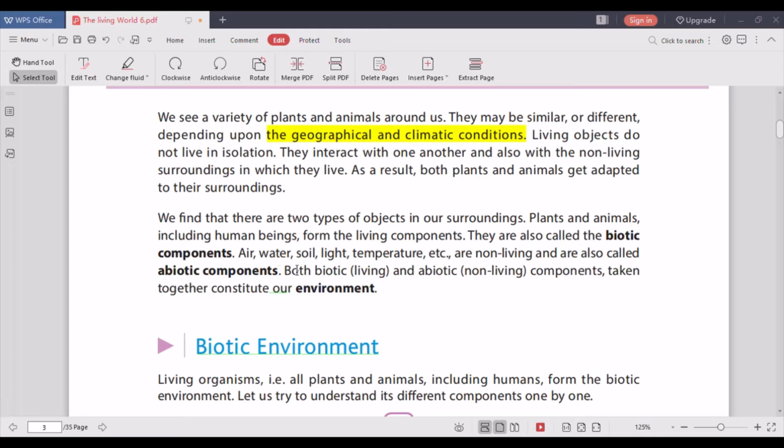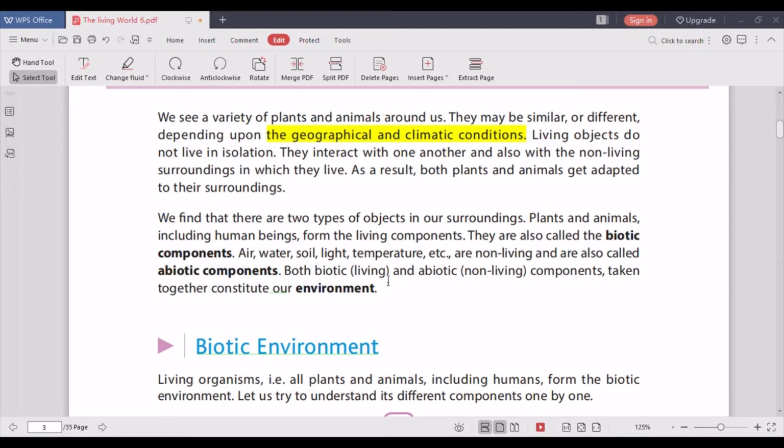Air, water, soil, light, temperature, etc. are non-living and are also called the abiotic component. So here the living component is the biotic component and the non-living is abiotic.